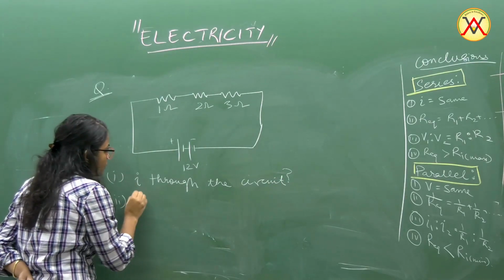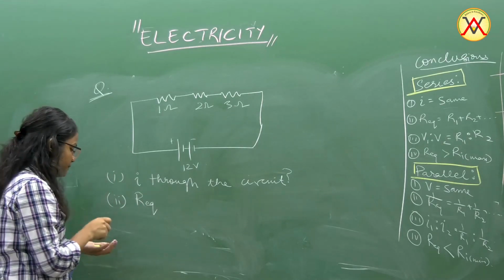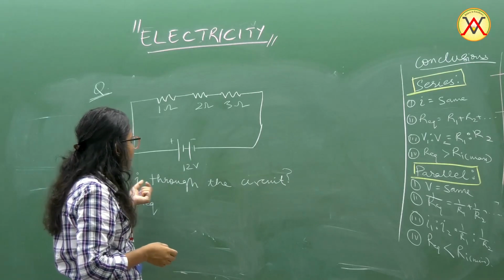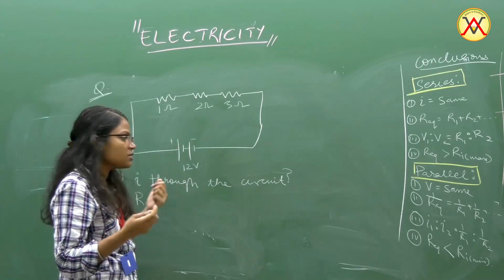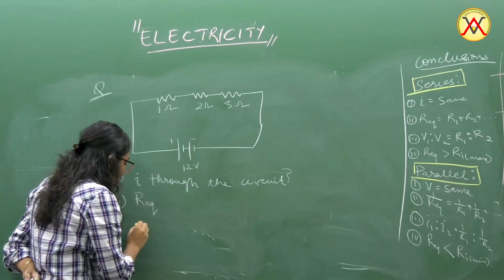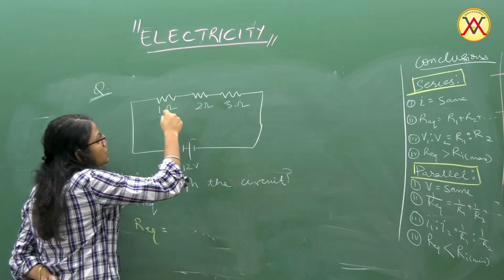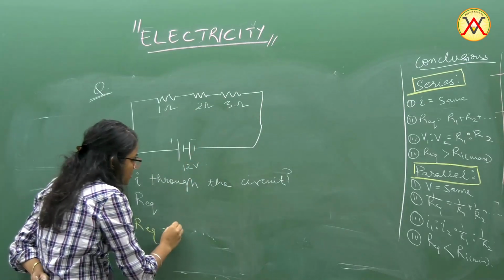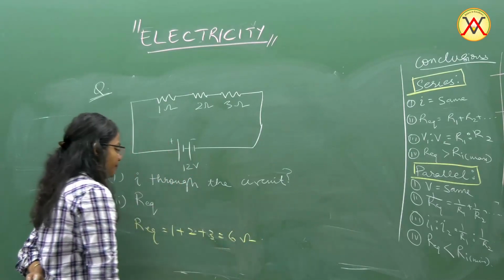Second, we need to find out the equivalent resistance of the circuit. For the current through the circuit, we need the equivalent resistance already. So R equivalent in our series combination equals the sum of all the resistors: 1 plus 2 plus 3, that is 6 ohm.